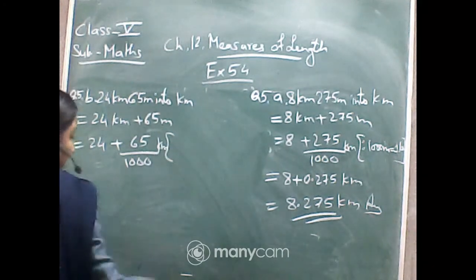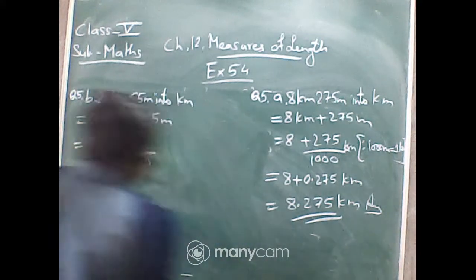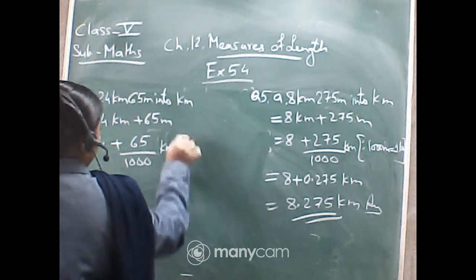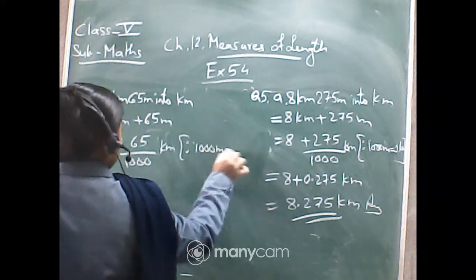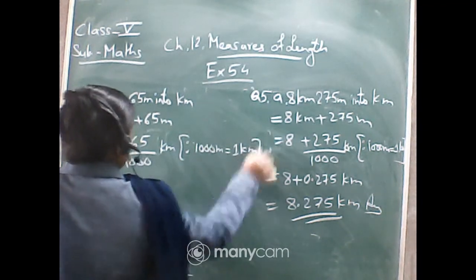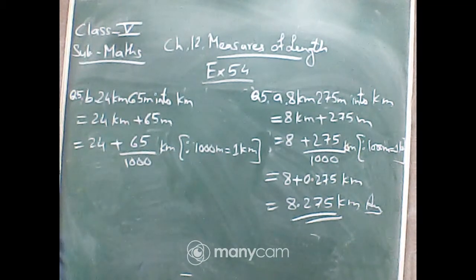Here we will write that this whole thing is in kilometer, and since 1000 meter is equal to 1 kilometer, therefore 65 meter is equal to 65 divided by 1000.